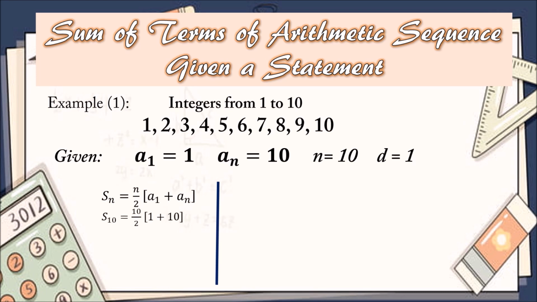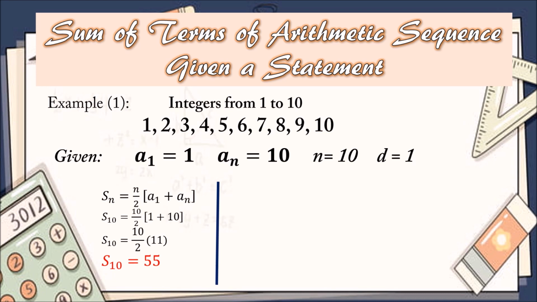Meron tayong S of 10 is equal to 10 over 2, open parenthesis, 1 plus 10. So, we will have S of 10 is equal to 10 over 2 times 11. The result is the sum of the integers from 1 to 10 using the first formula is 55.